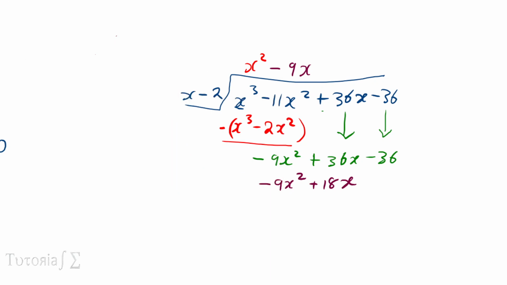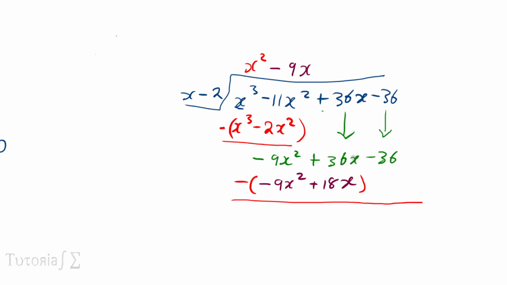So we're going to say minus like that. Then we put the thing there, so that we subtract now. We say negative 9x squared minus negative 9x squared, that will be 0, so there is no need to write a 0.